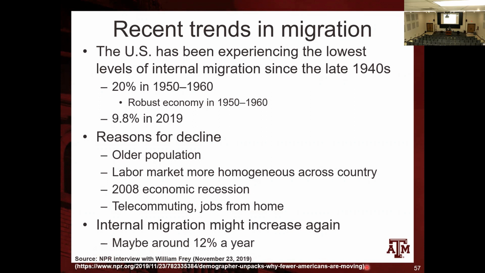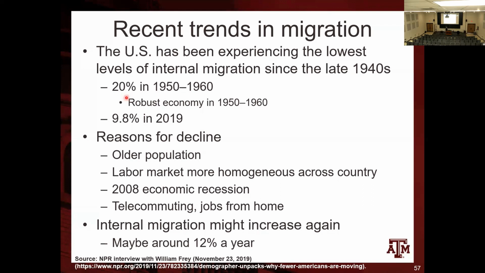The direct link is this one here, you can listen to it. So overall, what he says is, the US has been experiencing the lowest levels of internal migration since the 1940s. For example, around 20% of the people in the US between 1950 and 1960 migrated within the US.